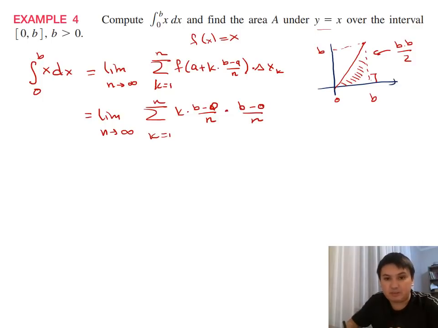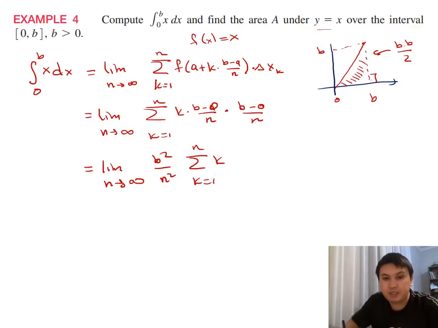Now, the index is k, so k is something that varies, which means b and n are constants, so I can take them out. As n goes to infinity, I see b squared, so I get b squared over n squared, and then I need to sum k from 1 to n of k.